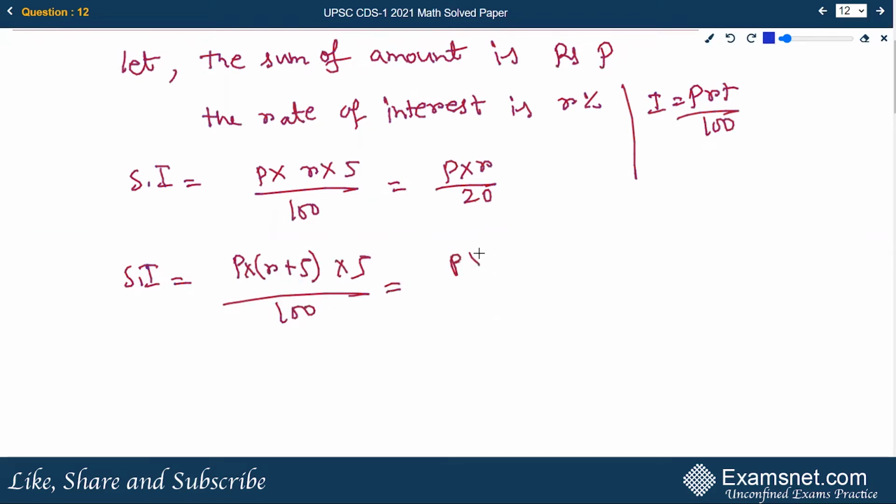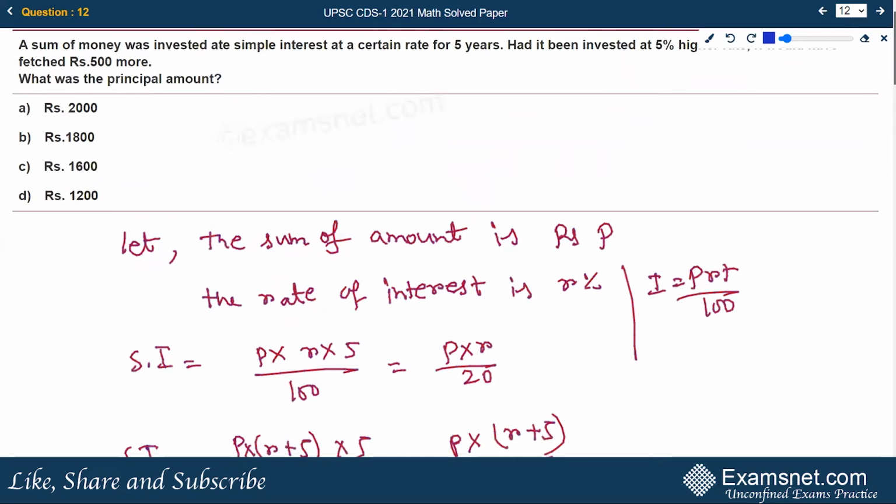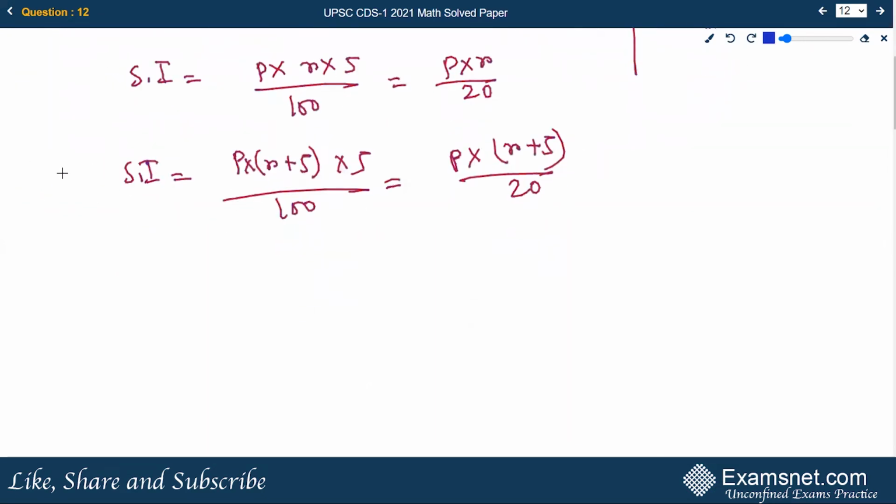It will give us P into R plus 5 by 20. So they said it will give us rupees 500 more. So the difference between the old simple interest and the new simple interest is 500, correct? So that is P into R plus 5 by 20 minus PR by 20 equals 500.